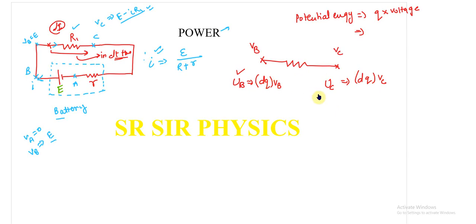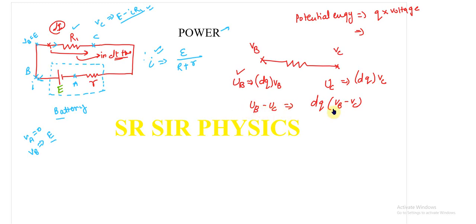Now the difference in the potential energy, UB minus UC, can be very easily written as dq into VB minus VC. Yes, there is a decrease in potential energy. Why?